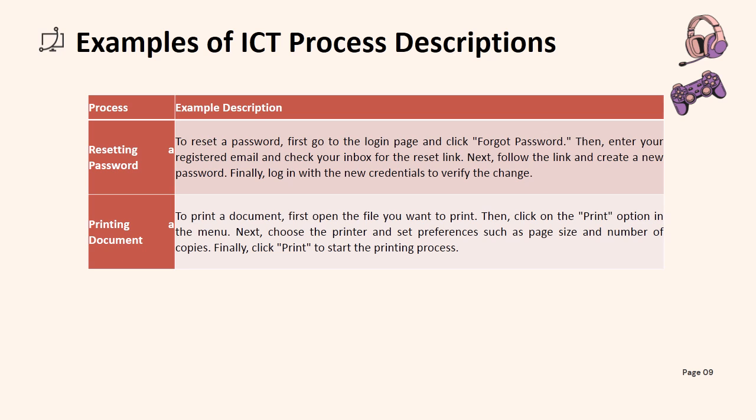Because they make a transition from one action to another, or they relate ideas from one idea to another. So to print a document, first open the file you want to print, then click on the print option in the menu. Next, choose the printer and set preferences such as page size and number of copies. Finally, click print to start the printing process.